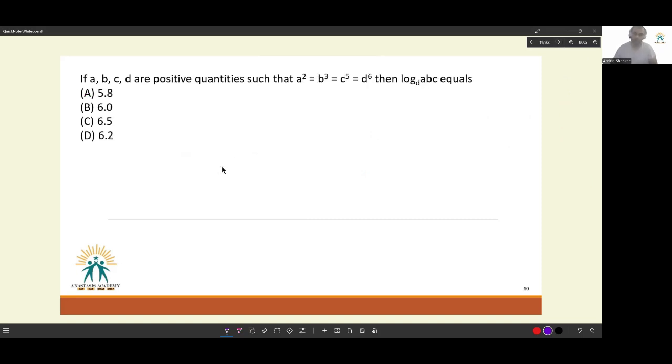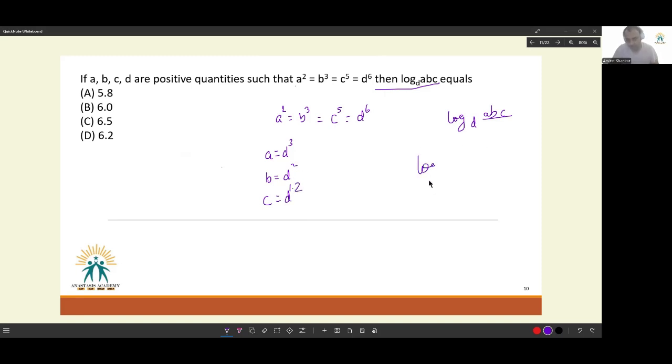Okay, this one now. A, B, C, D are positive quantities such that A square is equal to B cube is equal to C raised to the power 5 is equal to D raised to the power 6. Now, finally, we need log of A, B, C to the base D. So our work should be to represent A and B and C in terms of D. A will be equal to D cube, B will be equal to D square, and C will be equal to D raised to the power 1.2.